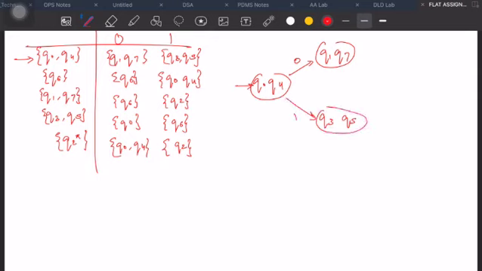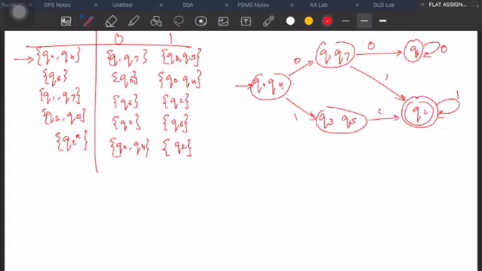Now Q1, Q7 goes to Q6 for input 0 and Q6 can remain in Q6. Q1, Q7 goes to a new state Q2, which is also our final state, for input 1. Now Q2 remains in itself for input 1.